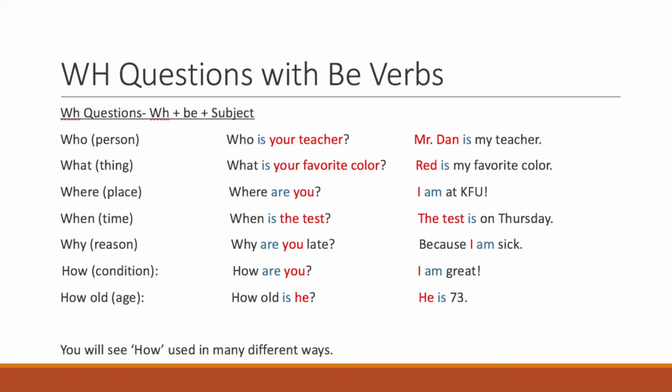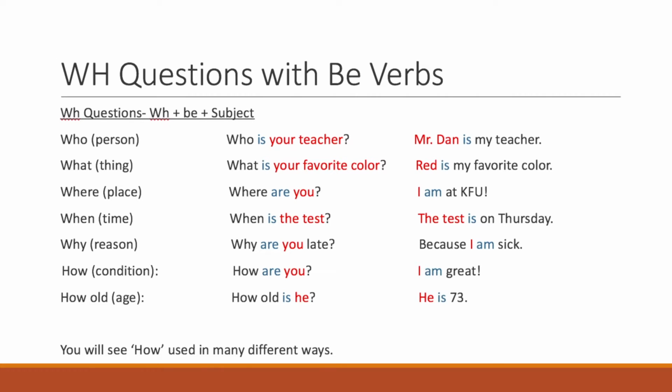Again, it's also important to remember looking at WH questions. In the question, we have the be verb before the object, your teacher. Who is your teacher? In the answer, we have the subject, Mr. Dan, before the be verb is.